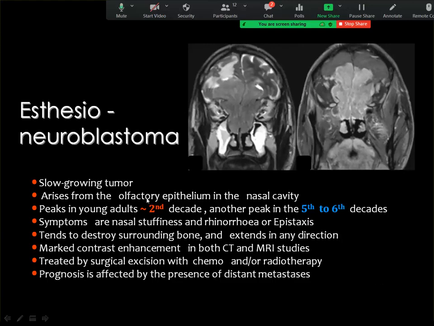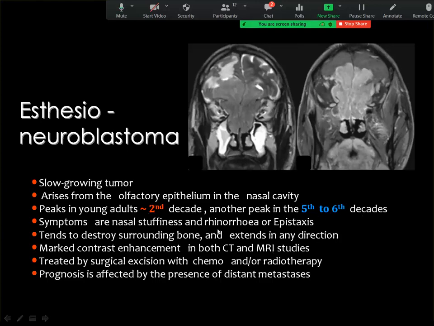Olfactory neuroblastoma is a slowly growing tumor arising from the olfactory epithelium in the nasal cavity, and it has a peak in the second decade, and another peak in the fifth or the sixth decade.